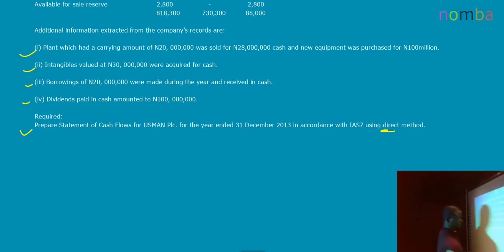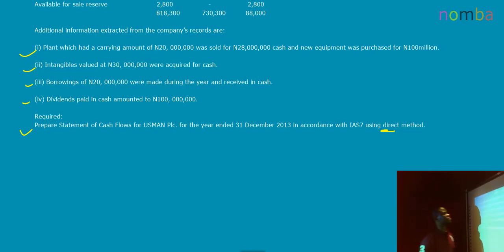But before that, let's critically look at this additional information. The additional information one states that plant which had a carrying amount of 20 million was sold for 28 million cash and new equipment was purchased for 100 million.